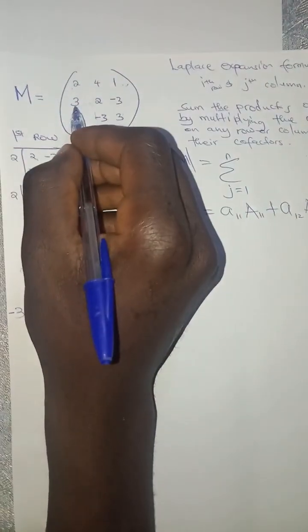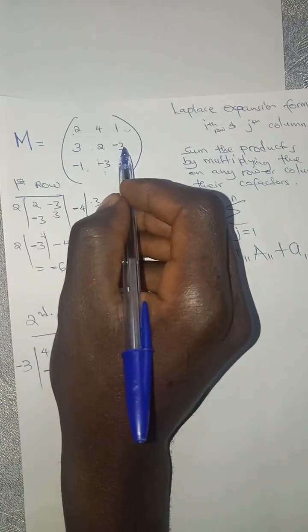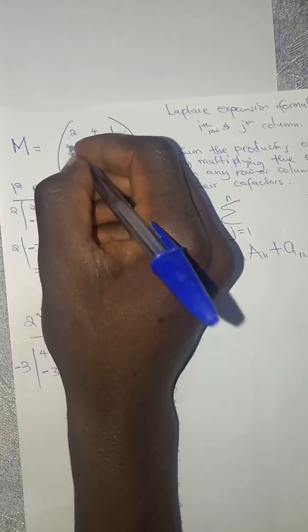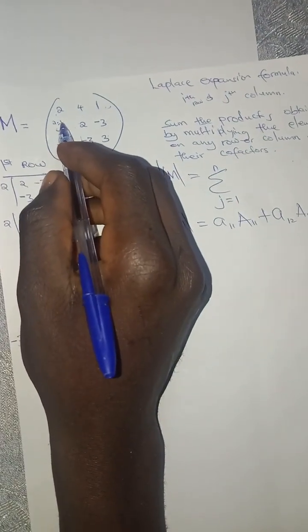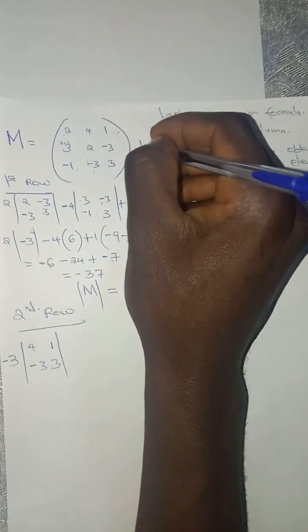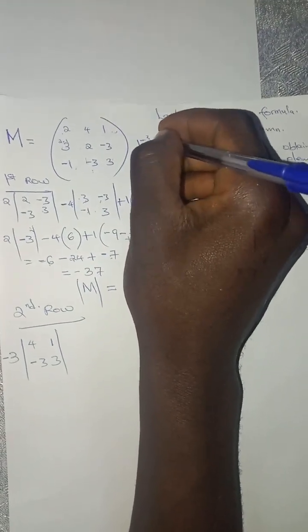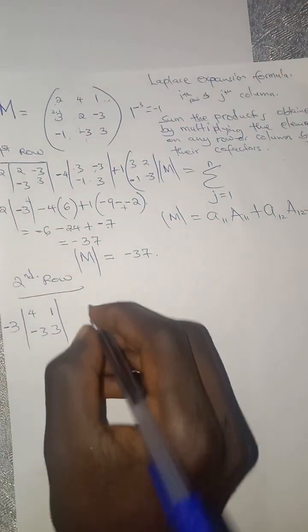Where is 3? 3 is at row 2, column 1. If we add 2 and 1, we get 3, and negative 1 raised to the power 3, which gives that cofactor, is negative 1. So it has to be a negative here.